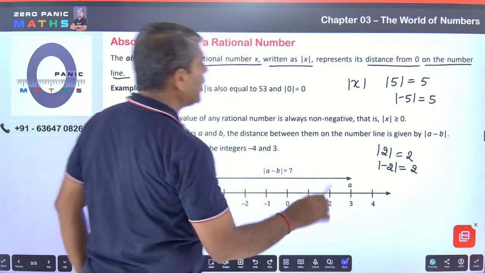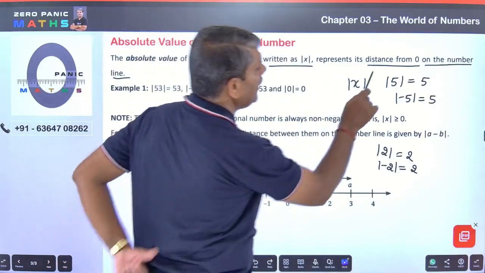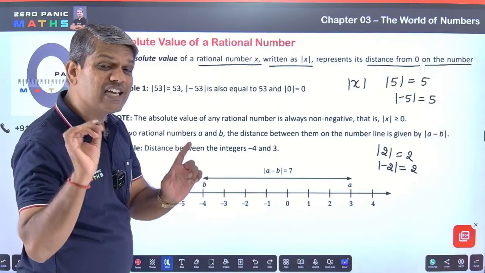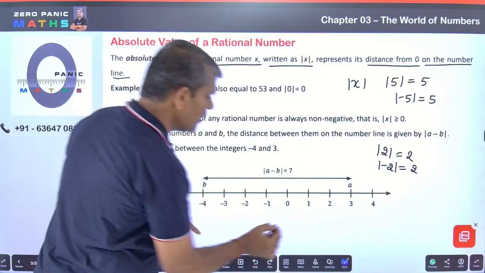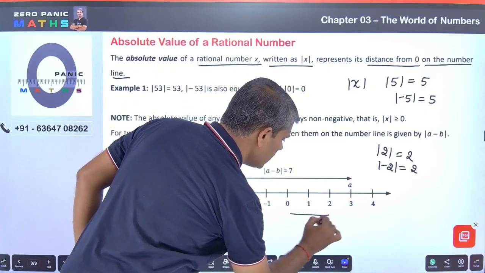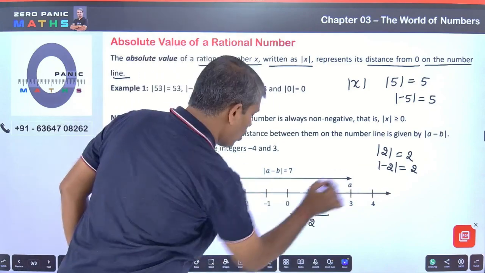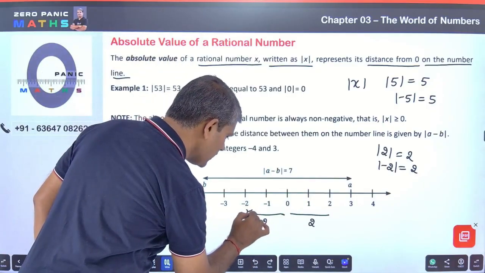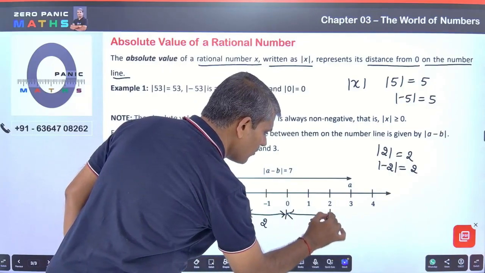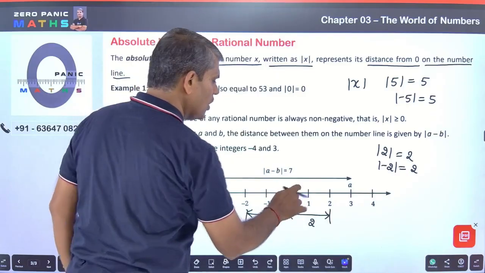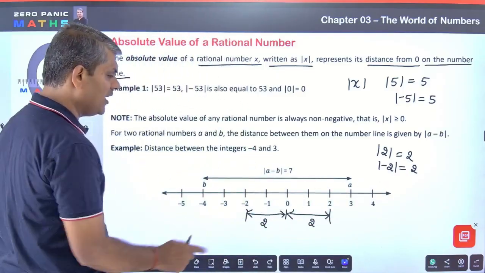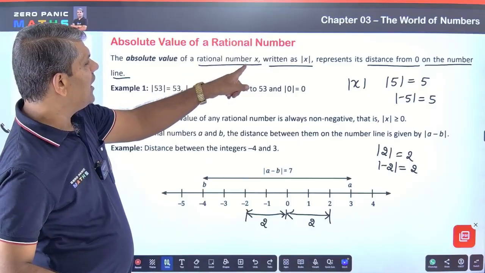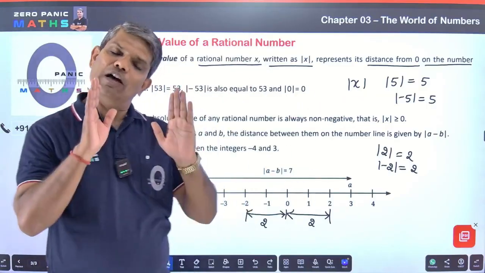Because this line, the distance from 0 on the number line, just represents the distance from 0 to that number. For 2, the distance is 2, and for minus 2, the distance from 0 is also 2. Either on the positive side or the negative side, the distance is always a positive number. That's why we call the absolute of any number a positive number.